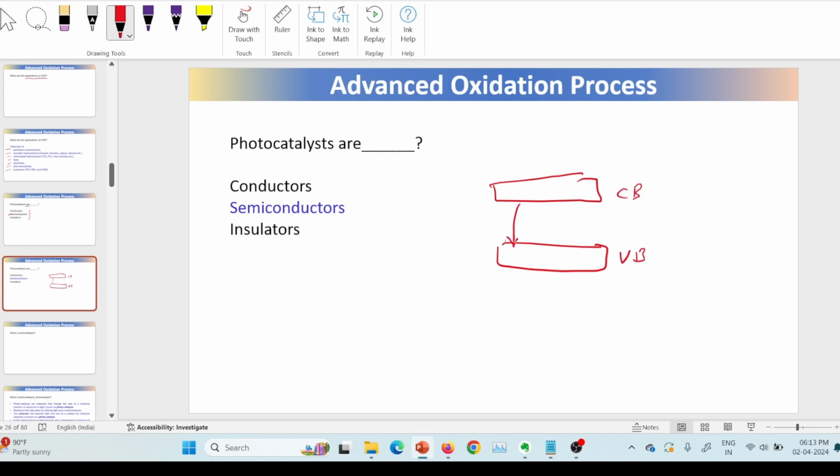So, there is a gap that exists between these two bands. If the gap has a range of this much electron volt, then we can say it is a semiconductor. So photocatalysts are generally semiconductors.